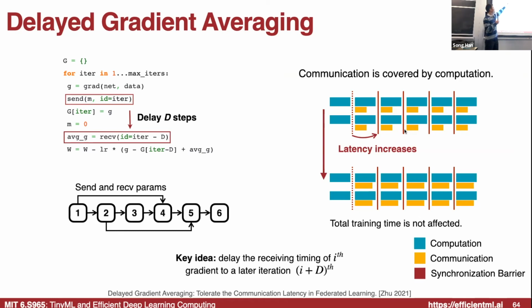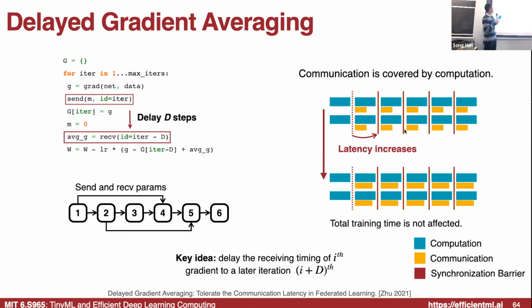So this is shown in pseudocode. For each iteration, we calculate the local gradient. And we send our gradient with the iteration ID to other nodes. We also maintain a list, indexed by the iteration, with our own gradients.